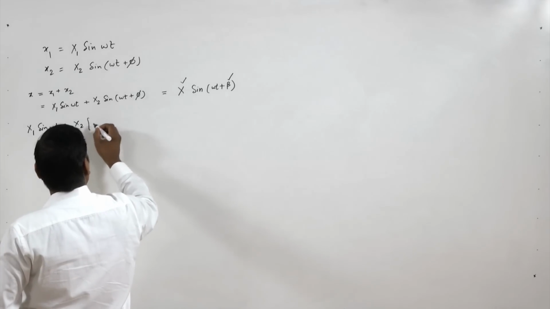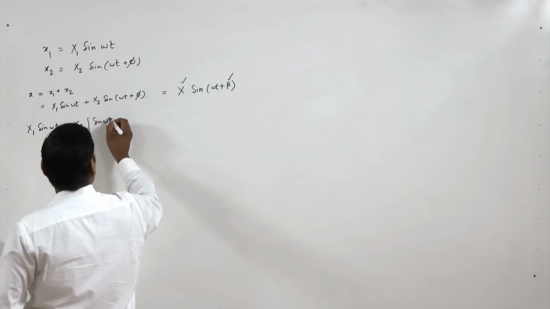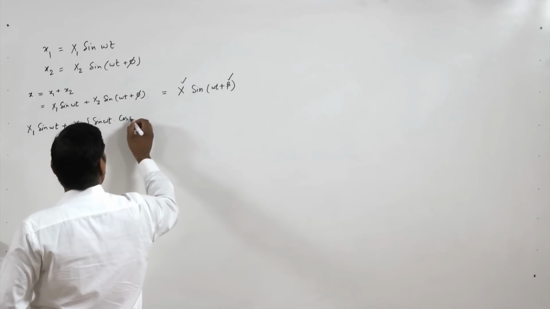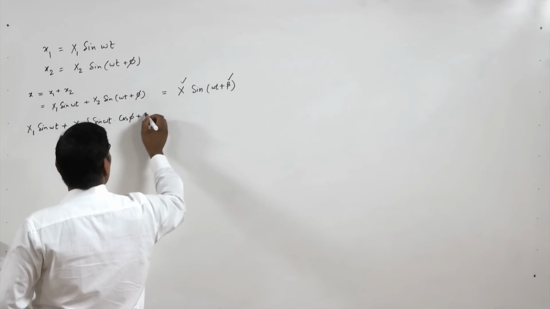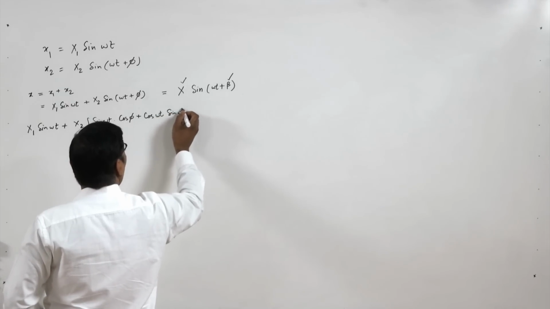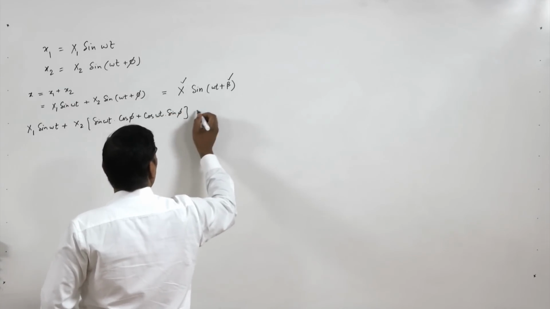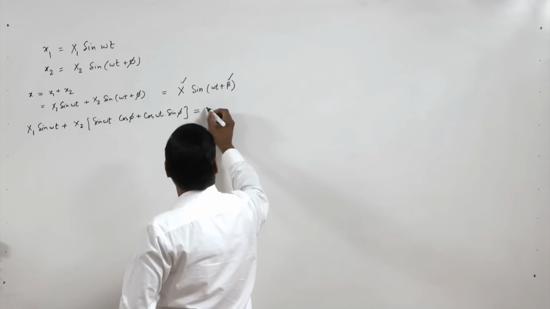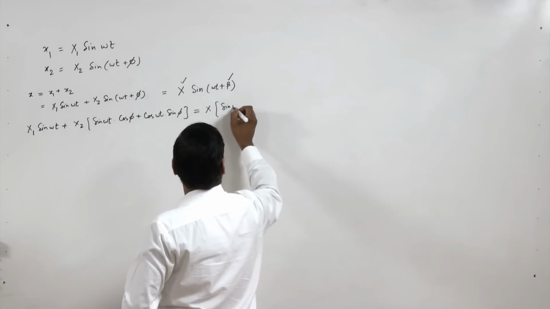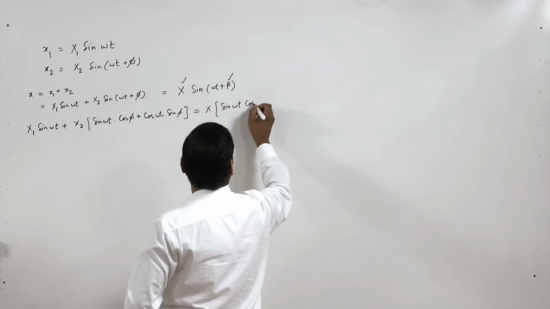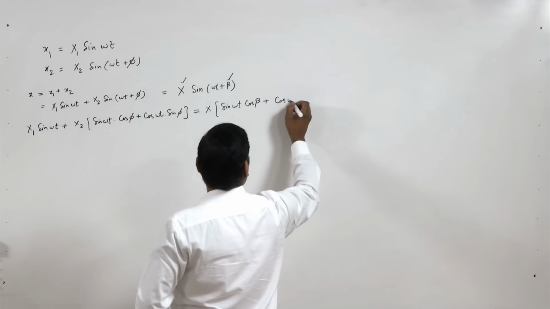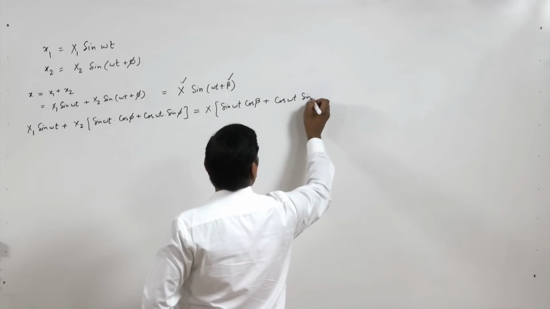So we can write sin omega t cos phi plus cos omega t sin phi. And here also we can expand X: sin omega t cos beta plus cos omega t sin beta.